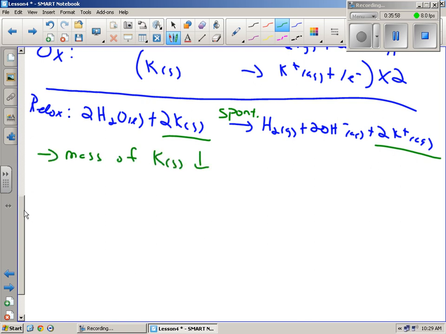That's the first thing I'd probably say. You're starting with a neutral solution to a basic solution. So pH would go up, right? Neutral is 7. If you have hydroxide, it'd be going up, right? Because it's basic. So pH would be increasing.